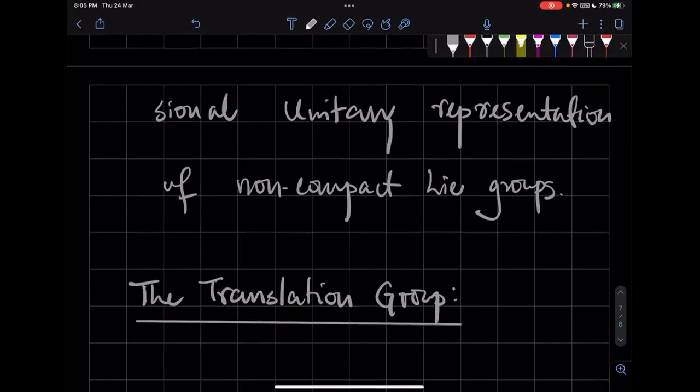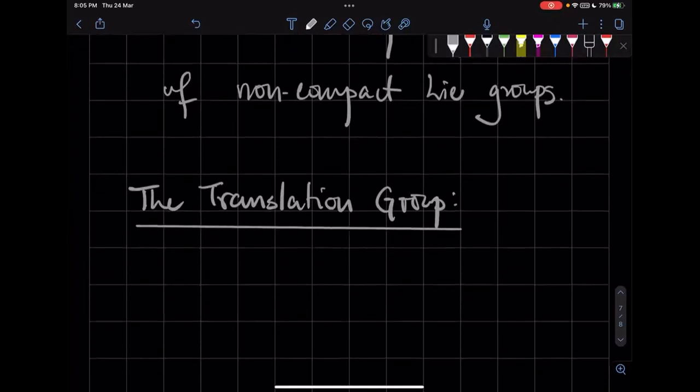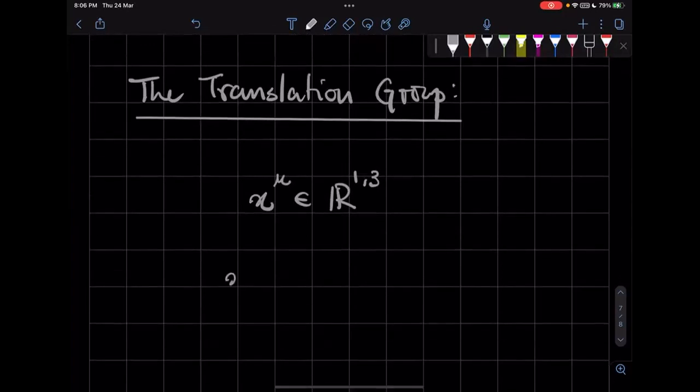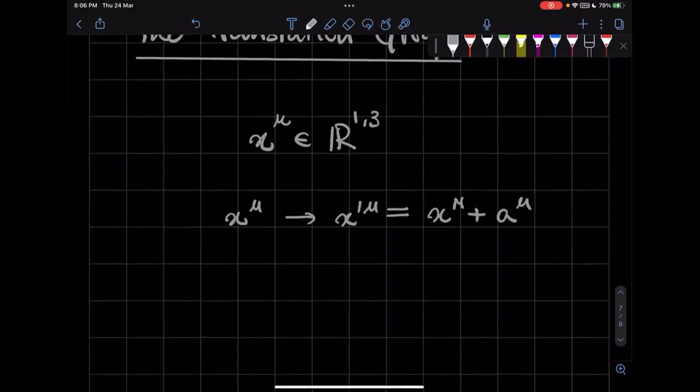So, suppose that X is a point in Minkowski space. Right, so we represent X as X mu, right? Now, if I transform X mu to X mu prime, what we do is that we add a mu as constant.